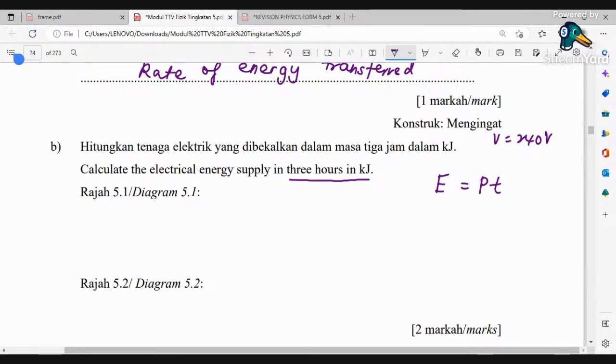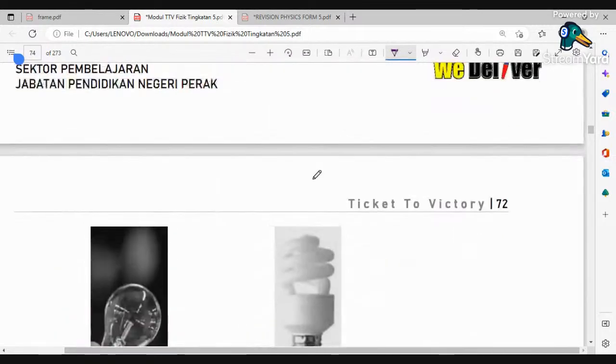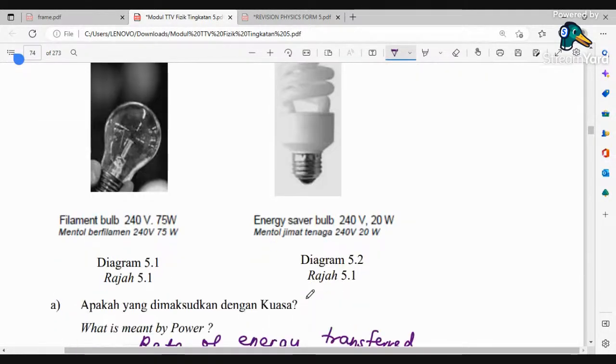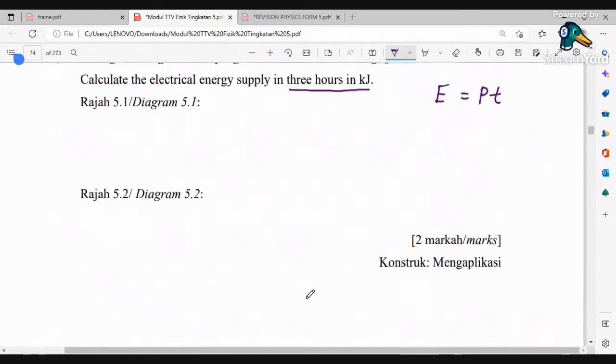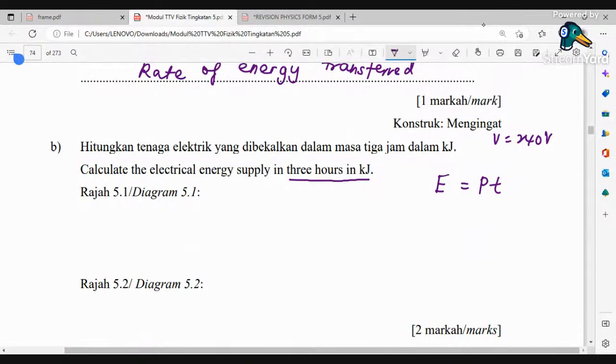Okay, first diagram, power ialah 75. Second ialah 20. Oh, T ada 3 hours. T ialah 3 hours. So, E equals to PT. For first bulb, 75 watt times 3.